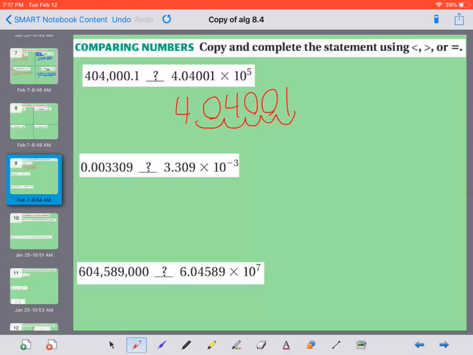Now when I do that, I come out with a new number, 404,001. So our symbol then would be, I want the greater one, which is this one. 404,000.1 is less than our right side.